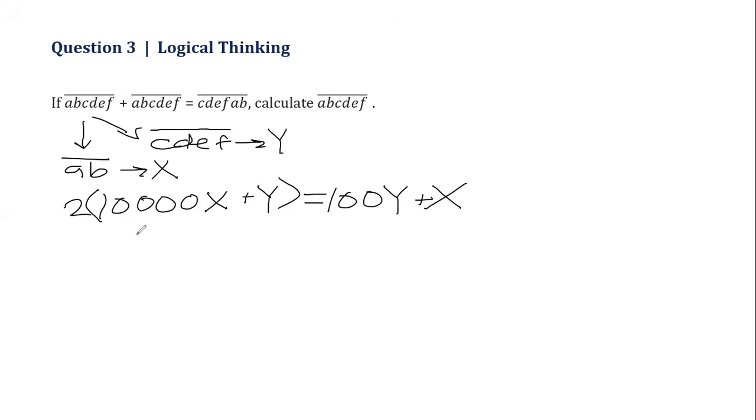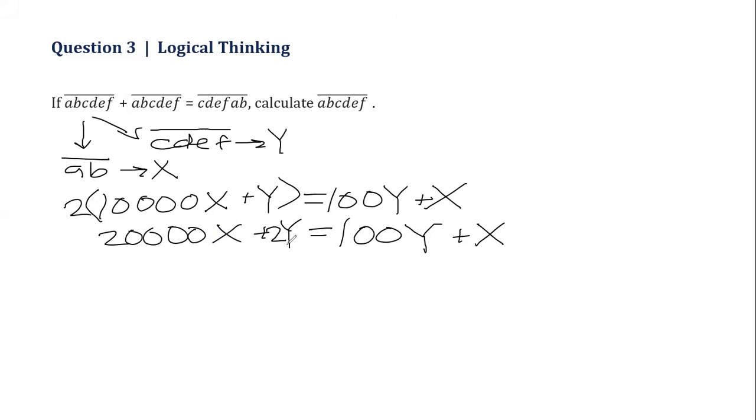If we simplify this, we get 20,000 X plus 2Y is equal to 100 big Y plus X. If we get rid of 2Y here and X here, we get 19,999 X is equal to 98 Y.